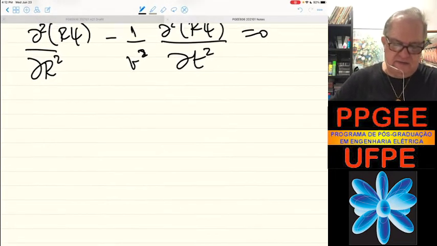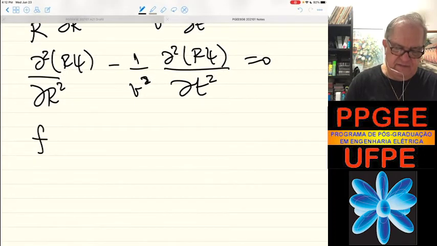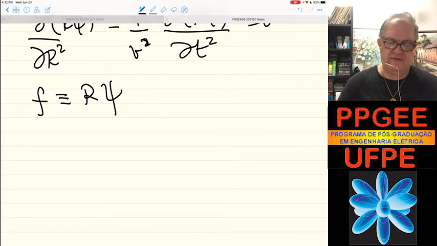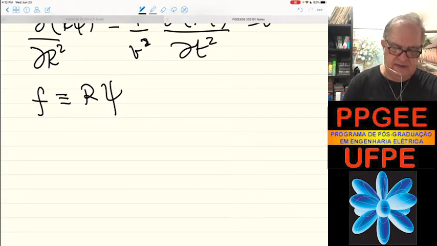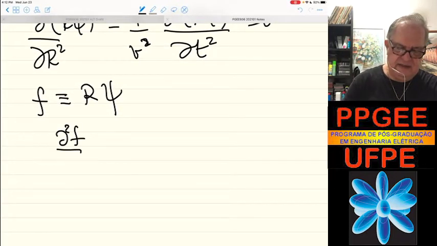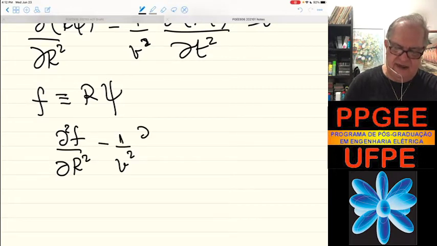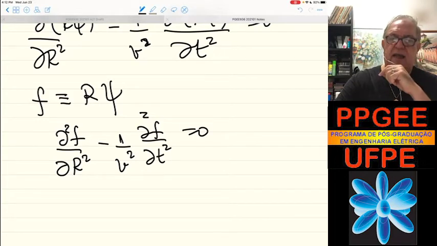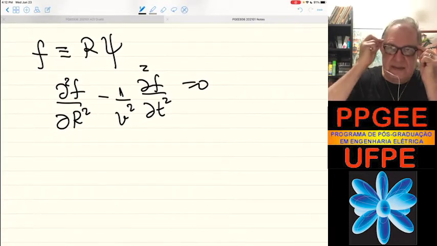Then I can call this function a function f. Let's define r psi as a function f. So we now have d2f dr squared minus 1 over v squared d2f dt2 equals 0. And we know that because we did that before, right?